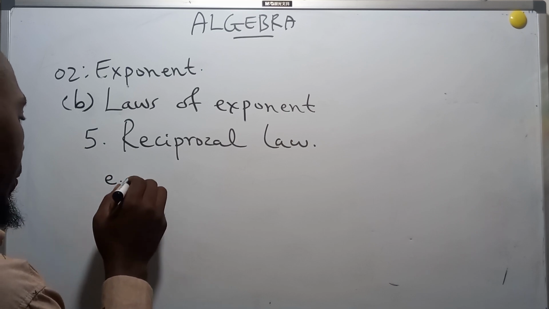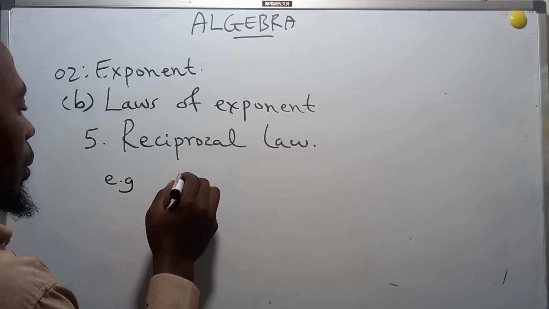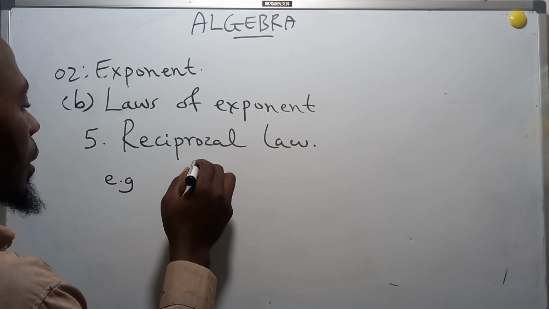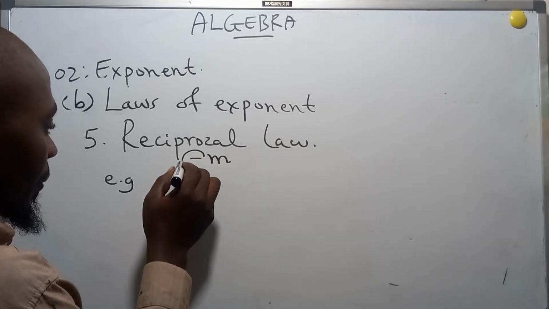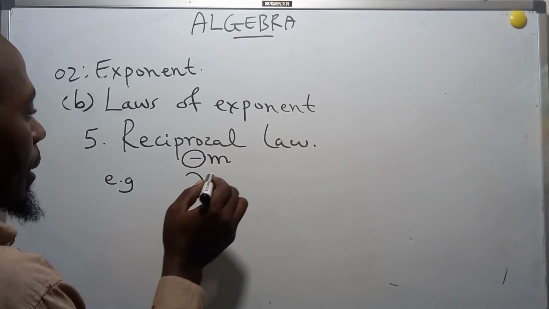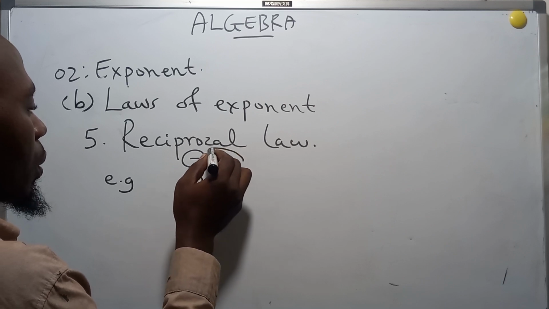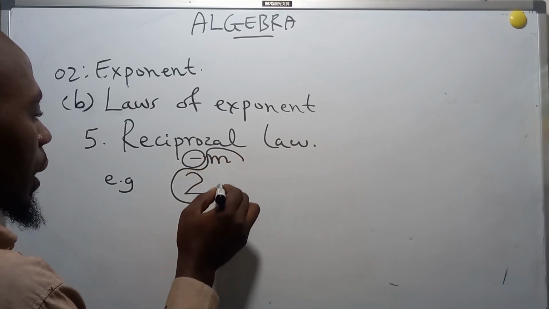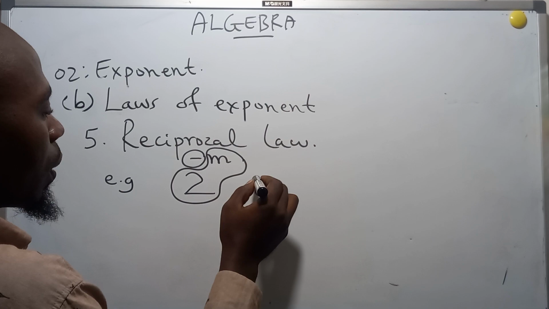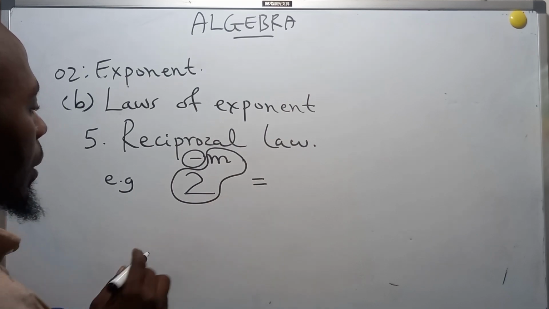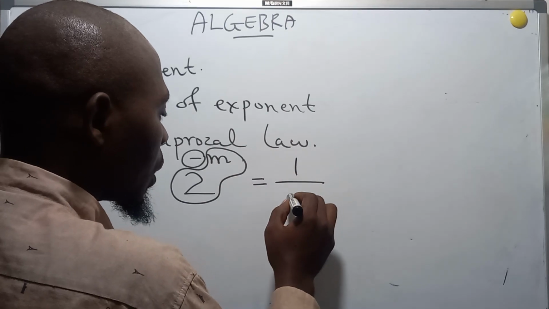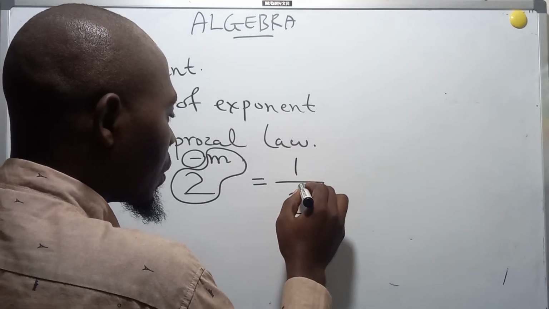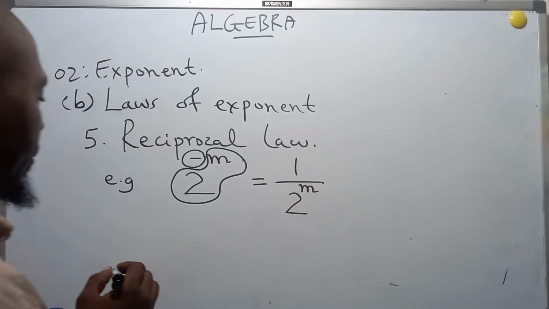For example, 2 raised to negative m. This negative tells us to find the reciprocal of 2 raised to the power of m. This is equal to 1 over 2 raised to the power of m.